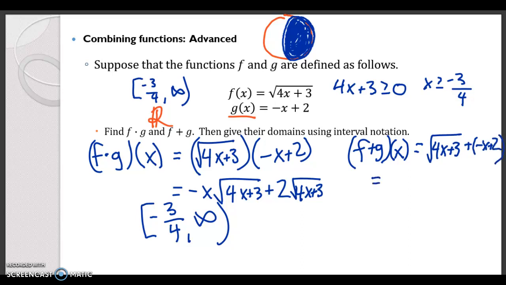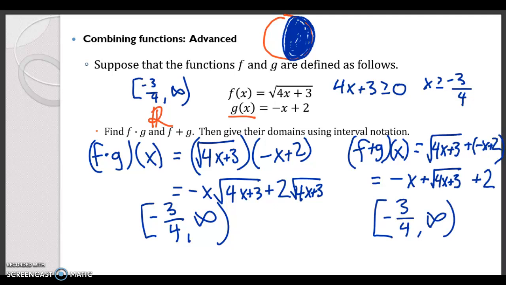Or we could rewrite it as negative x plus square root of 4x plus 3 plus 2. Or any arrangement of that. And the domain, again, is the intersection of those two functions. So that is combining functions advanced.